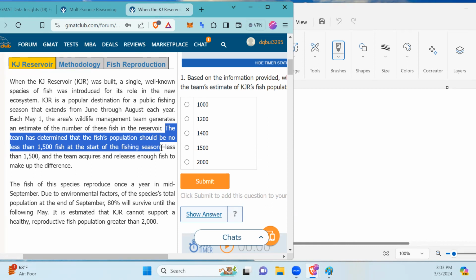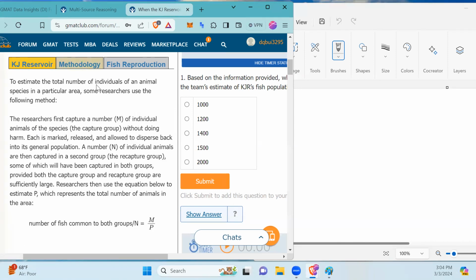It could be 1,800, right? Yeah, it could be 1,800, but then again, that number of 1,500 is basically just a benchmark for them to decide whether they need to capture more fish and release more fish into the lake, or if there are already enough fish. Okay. It's just a benchmark. It's not an actual estimate of the real fish population. So I might have gotten the right answer.